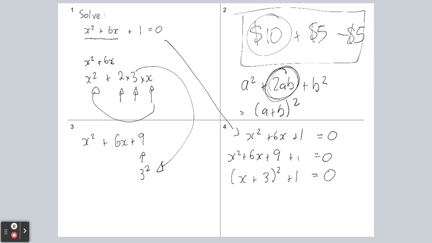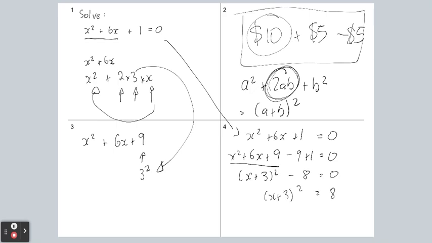Thank you. I can complete it. So I can then take away 9 straight away. This first bit gets factorized to x plus 3 all squared, and then I've got a minus 8 on the end. Okay? Now, this is something that you have been solving recently. I add 8 to both sides. Square root both sides.